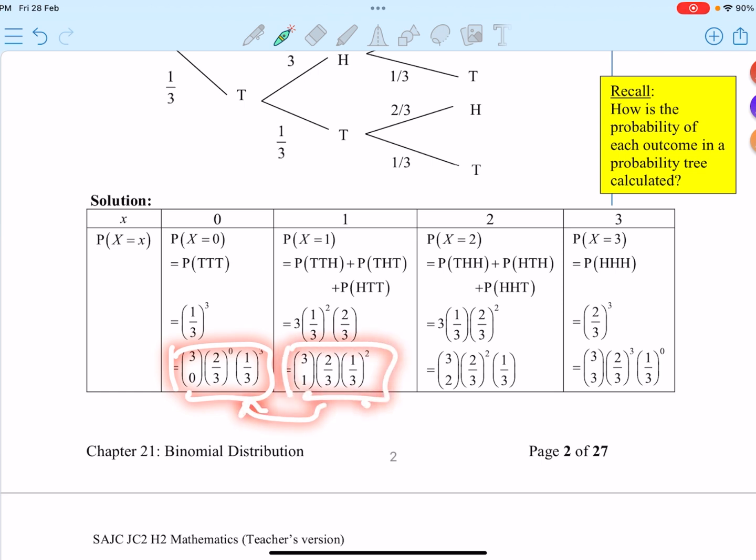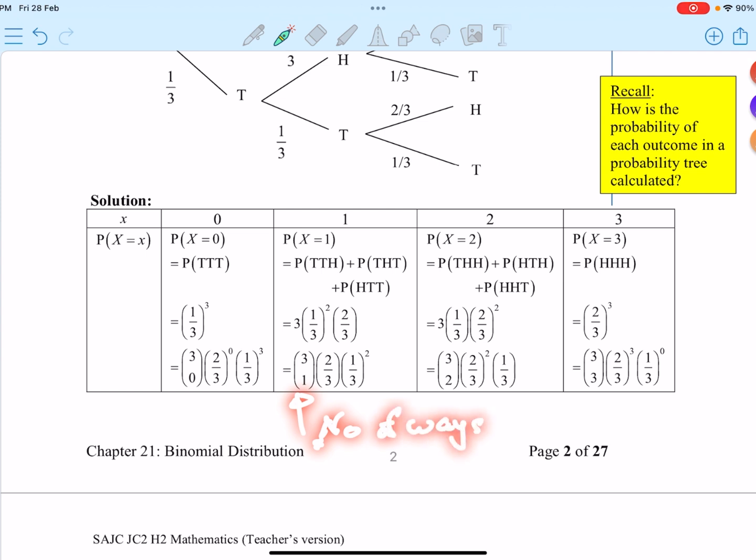In this case, the 3 choose 1 represents the number of ways of getting 1 head out of 3 tosses.